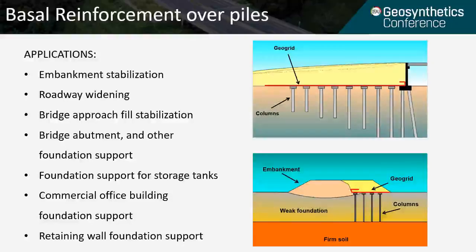The columns or piles provide support and settlement control by transferring the load through the soft foundation into a stiffer foundation, while the geosynthetic reinforcement distributes the load of the embankment on top of the piles.